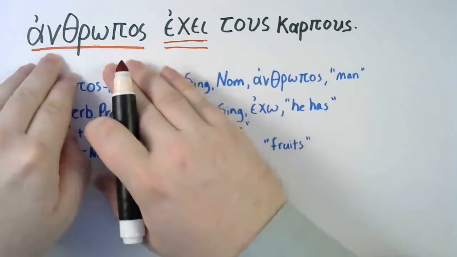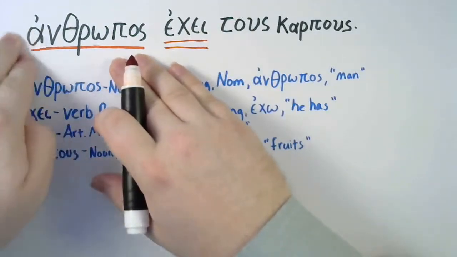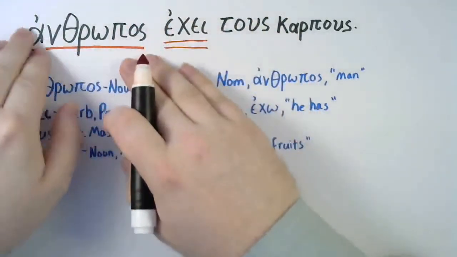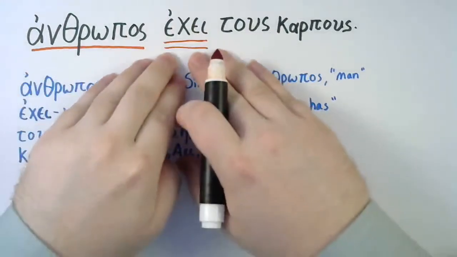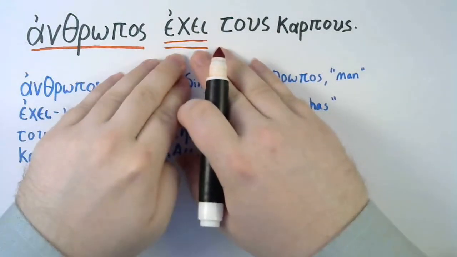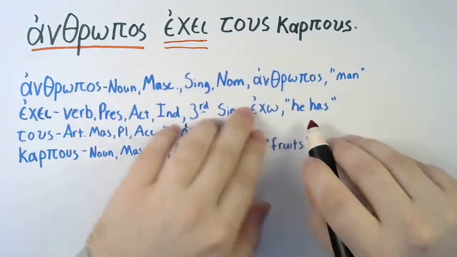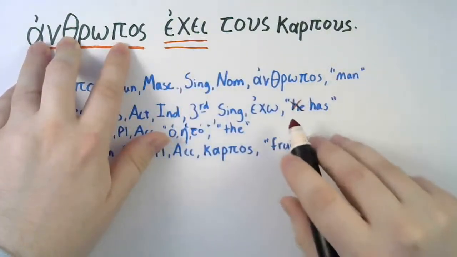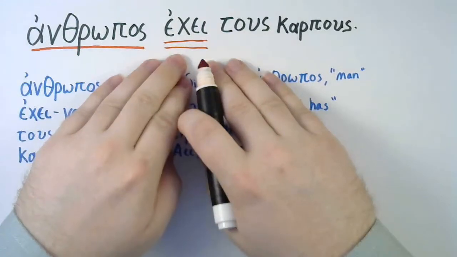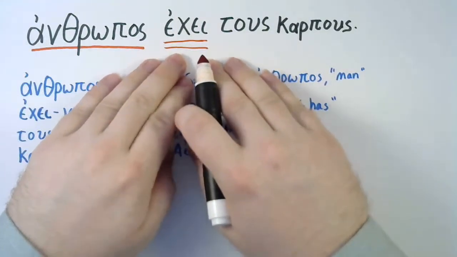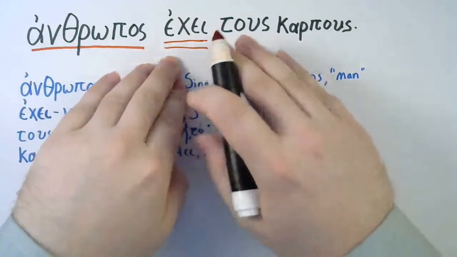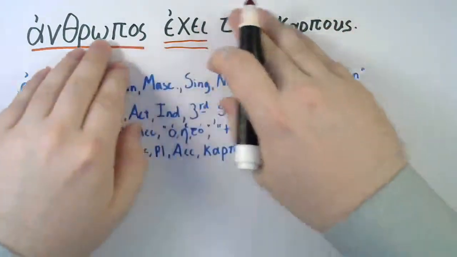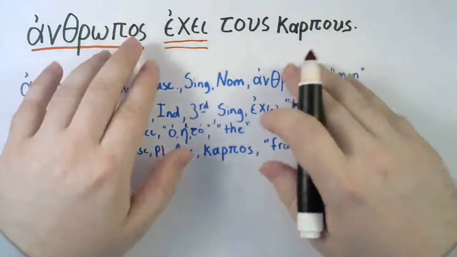Anthropos, so a man, because it's anarthrous, it doesn't have an article, it's going to be a man. Eke, a man has. Now I know we said he has, but because we have a subject present, you don't really need the he, so a man has. Well, what does a man have? Well, the man has something, and the rest of the sentence is going to tell us about that.